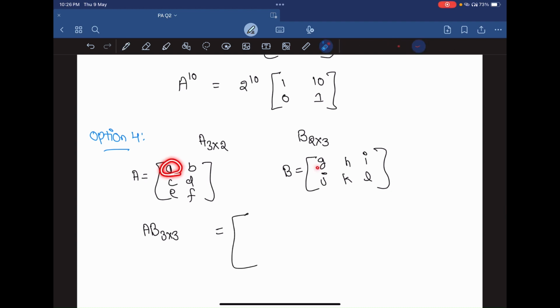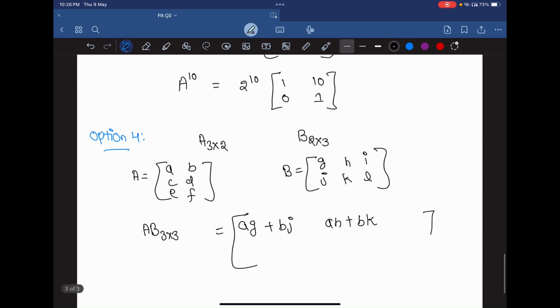It would be a times g plus b times j, and that would give us our first row, first column entry of matrix AB, ag plus bj. And similarly, if we are going to find the first row, second column entry, that would be a times h plus b times k. So that would be ah plus bk. And that's how we are going to form our matrix AB.